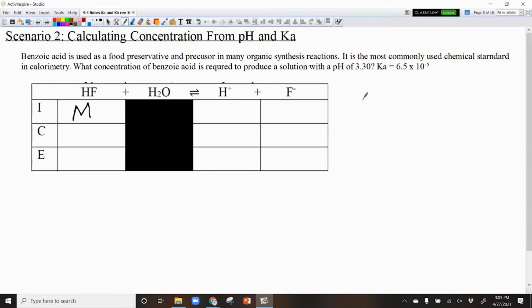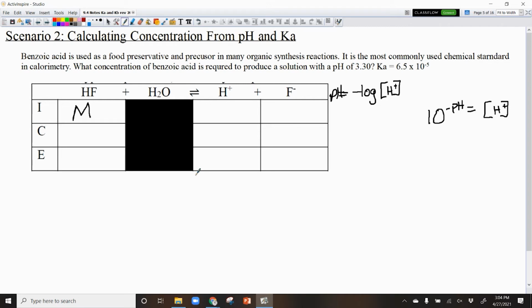Well, again, let's think back to the last section. pH is the negative log of the hydrogen ion concentration. If we know pH, we can rearrange this to be 10 to the negative pH is equal to the concentration of the hydrogen. So if we know the pH, we can do 10 to the negative pH and get the hydrogen concentration here at equilibrium.